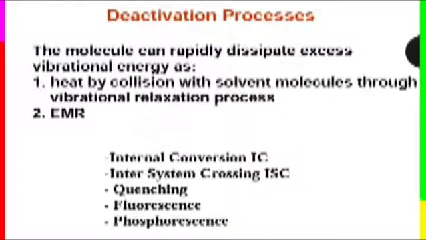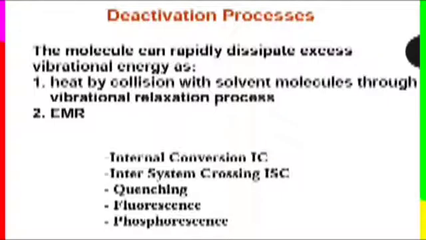The molecule can rapidly dissipate excess vibrational energy as heat by collision with solvent molecules through the vibrational relaxation process. Second, EMR. This deactivation process is followed by internal conversion, intersystem crossing, quenching, fluorescence, and phosphorescence.